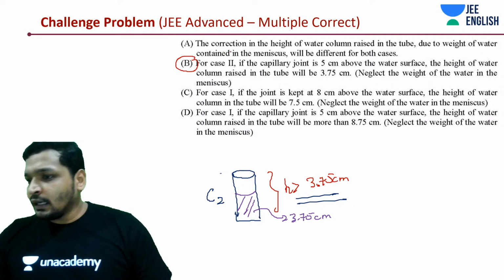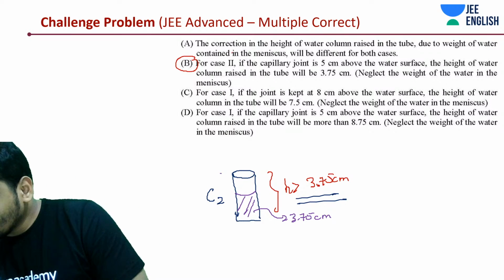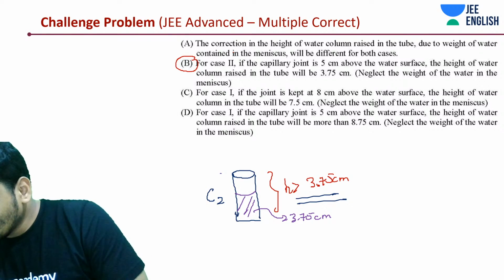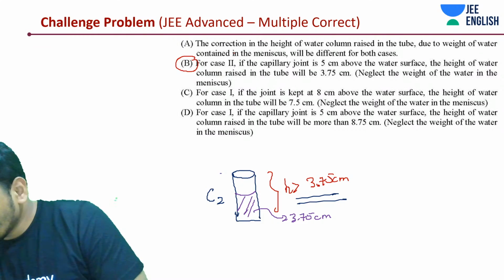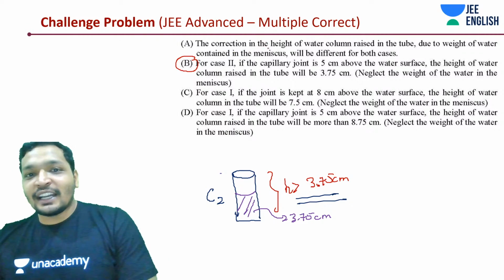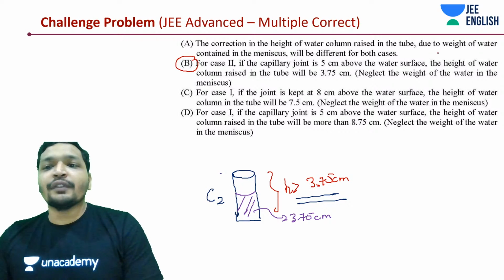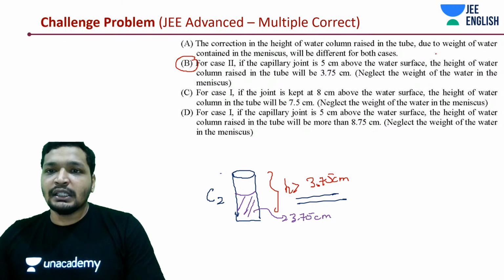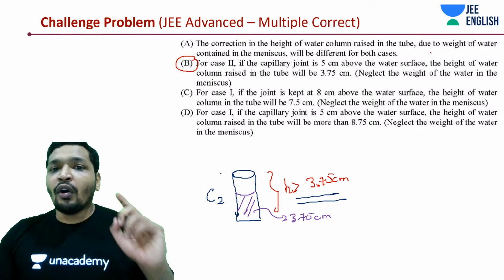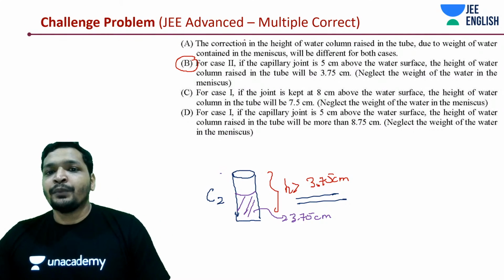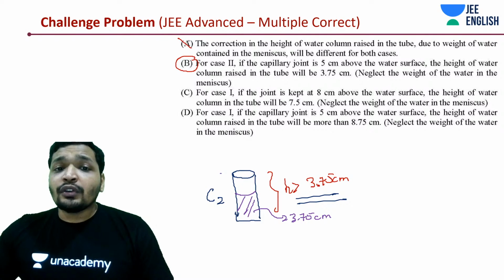You'll understand this point now. The correction in the height of the water column raised in the tube due to the weight of water contained in the meniscus will be different in different cases, but not all the time. Remember this. I don't know.